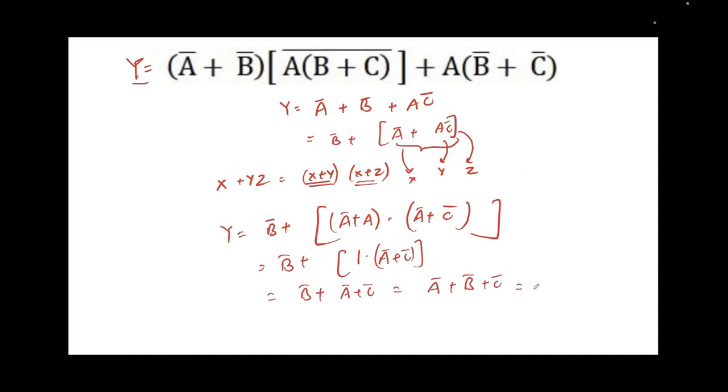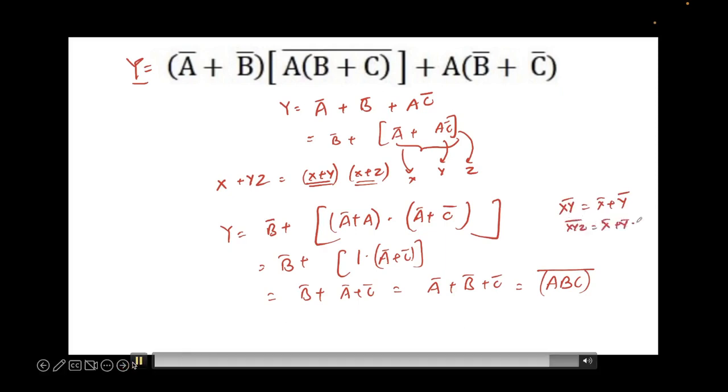If we again apply De Morgan's theorem, it will come out to be A, B, C whole bar. Note that for two variables, De Morgan's theorem is xy whole bar is x bar plus y bar. For three variables, the form remains the same, x bar plus y bar plus z bar. Please note that this is important. For three variables, the De Morgan's theorem, the form remains the same.